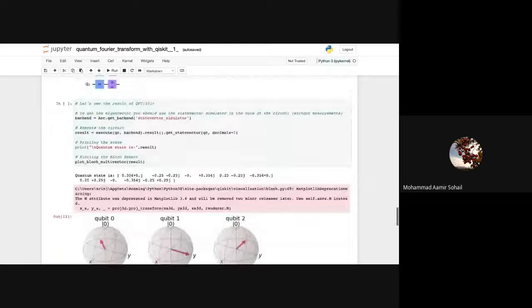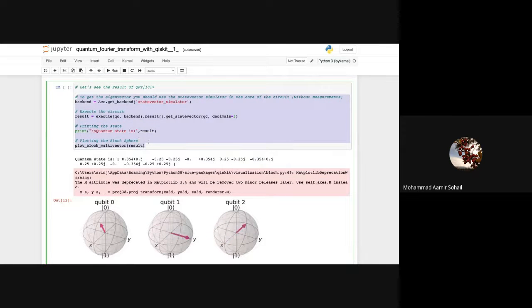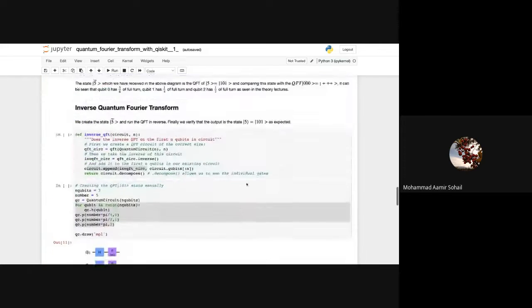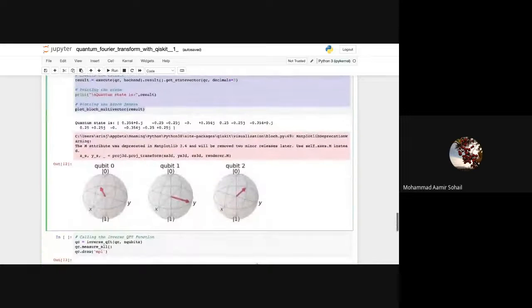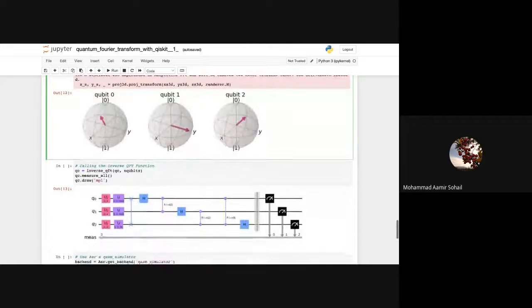And now we applied again this Bloch sphere simulation and then plotted on the Bloch sphere. So we get this vector, then the second qubit vector and the third qubit vector, and this one is similar to what we got here. So basically this encoding is correct, and whatever output we get is basically the 5 tilde.